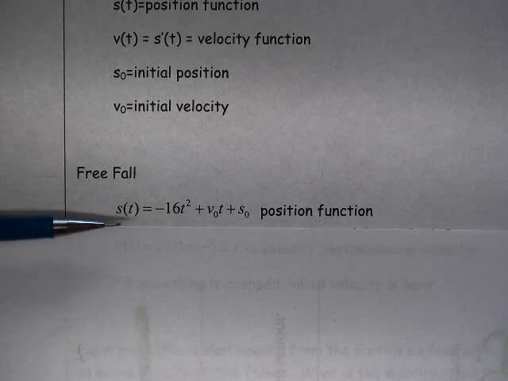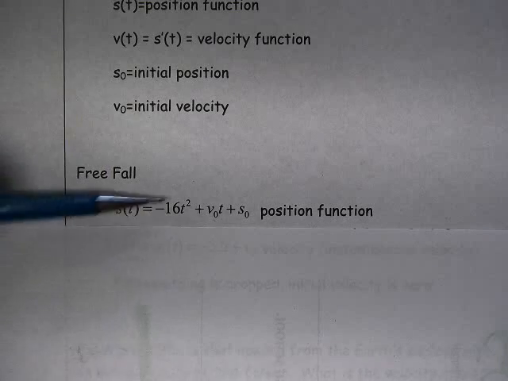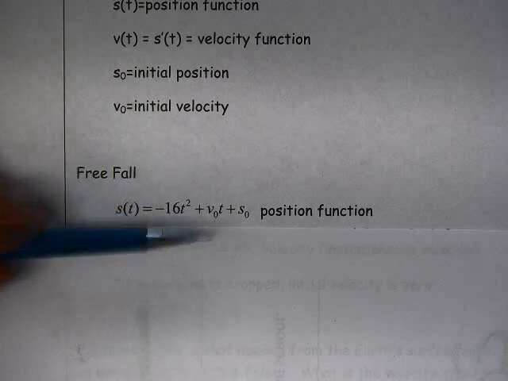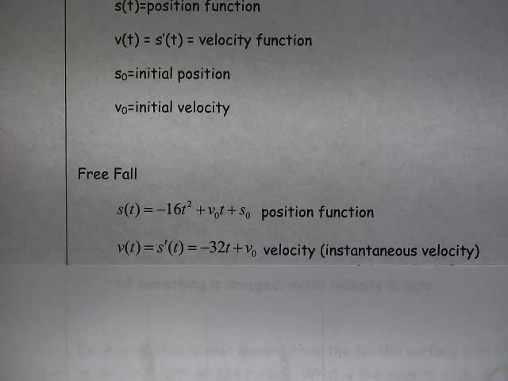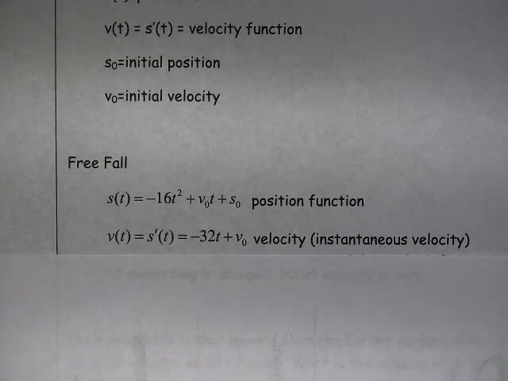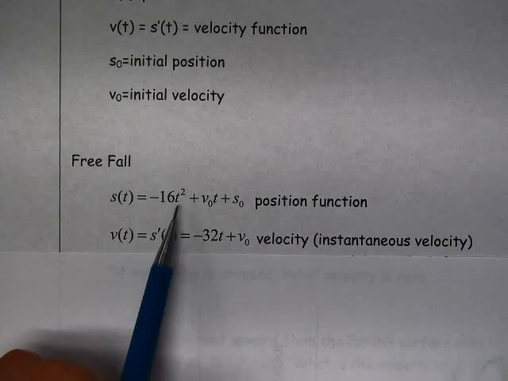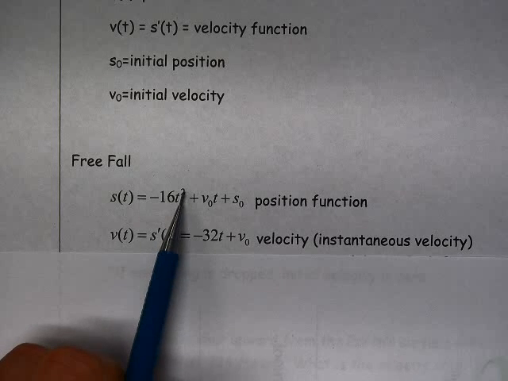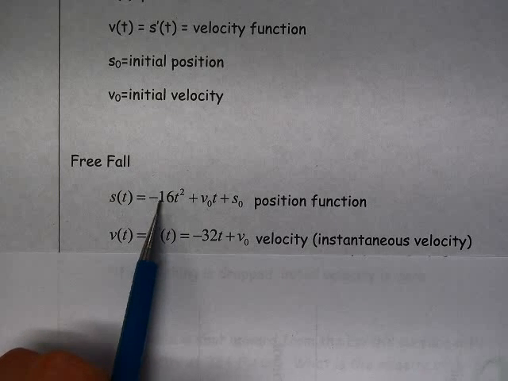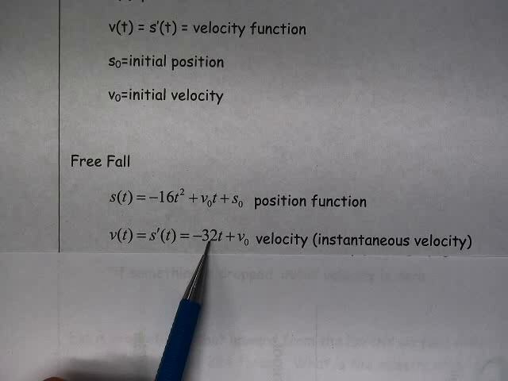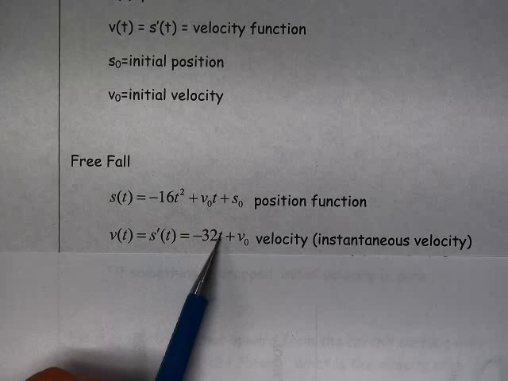So in order to get the velocity function from that, we can take the derivative of this position function. So we do that, we take the exponent of t, bring it down here, multiply it by the negative 16, so we get negative 32 t.